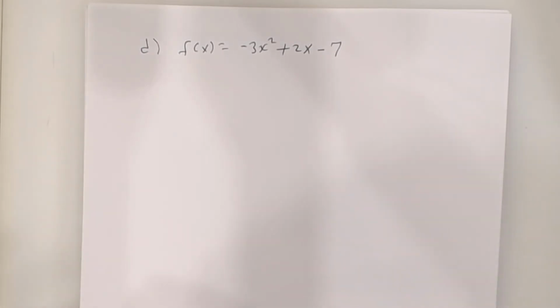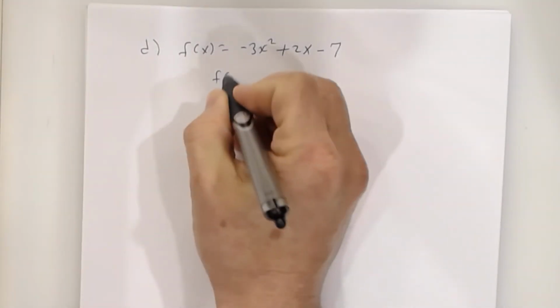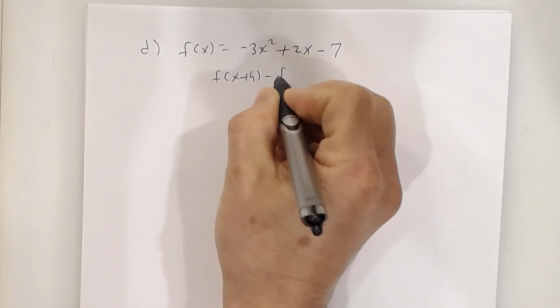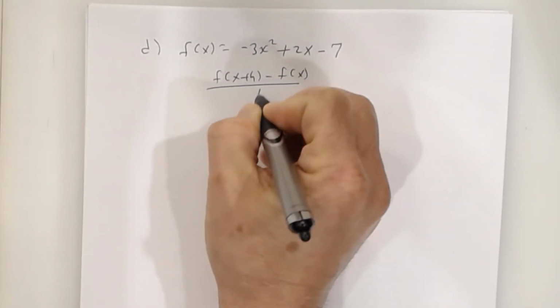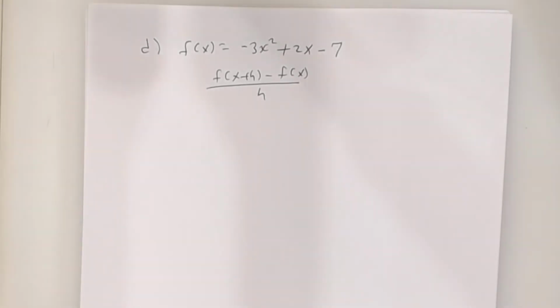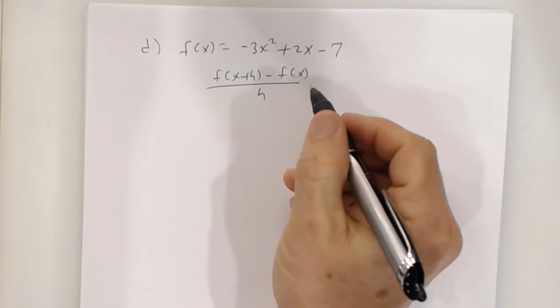So the formula is f of x plus h minus f of x all over h. Here's your difference quotient. Now you know where it comes from. We did it at the beginning of the class. I drew that curve with a secant line, and you know what that formula means. It has to do with slope of a secant line. All right. What's step 1?